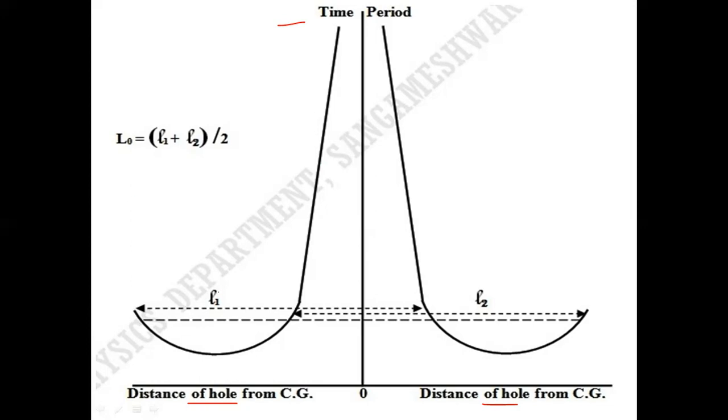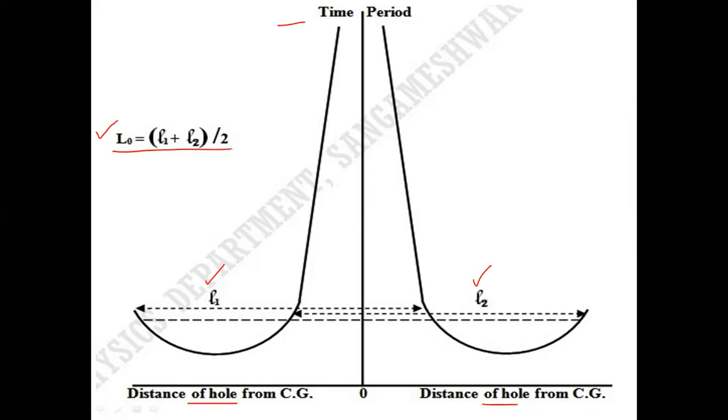Then, as denoted on the diagram, you can mark L1 and L2. Carefully observe the position of the arrows for L2 and for L1. Then find the value of L0.